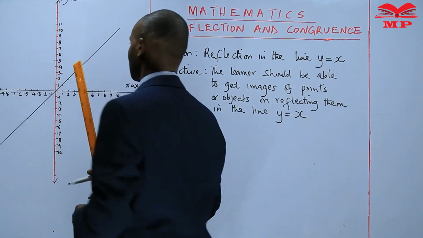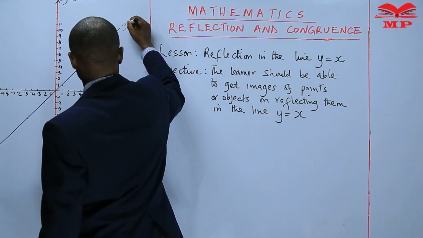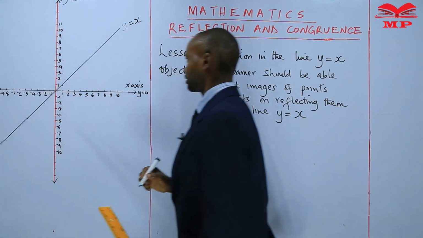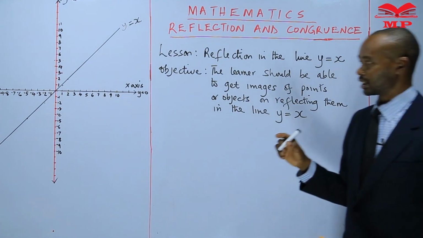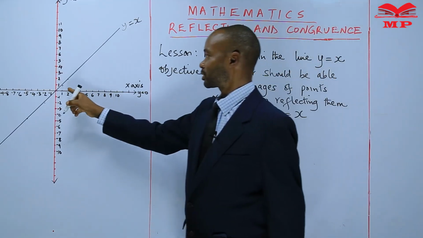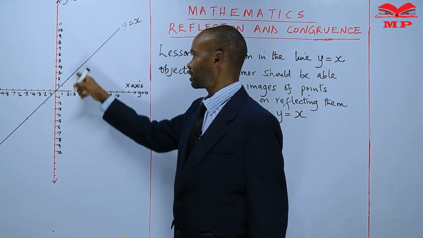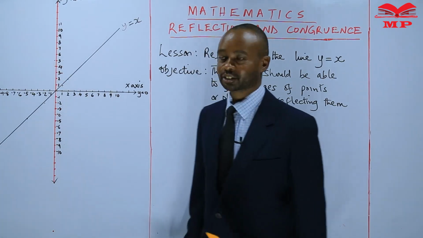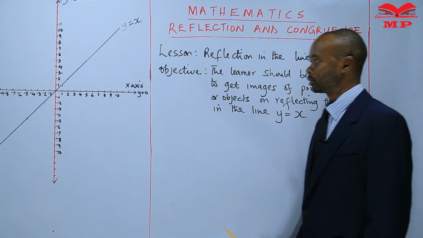That is the line y is equal to x. Any point on that line, if x is 1, y is 1. If x is 2, y is 2. If x is 3, y is 3. So that is the line y is equal to x.